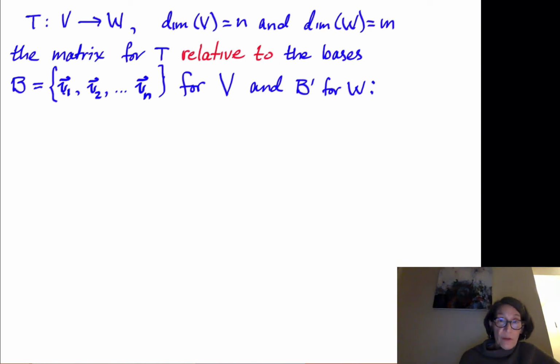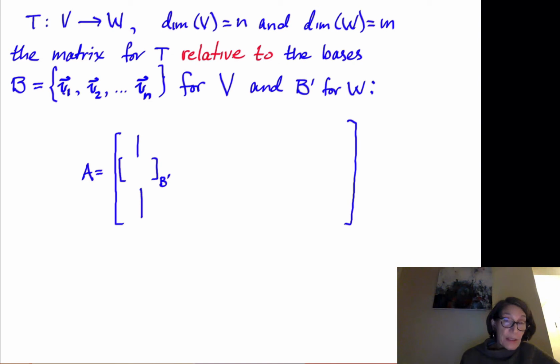The matrix relative to these two bases is going to be this m by n matrix that we get by taking the first column to be the coordinate vector relative to B prime of the vector T of v1. So it's the image of the first basis vector in B, but we take the coordinate vector of it relative to the other basis B prime.